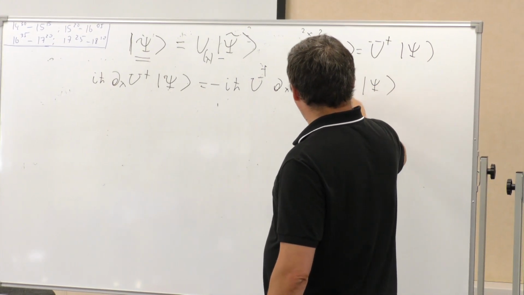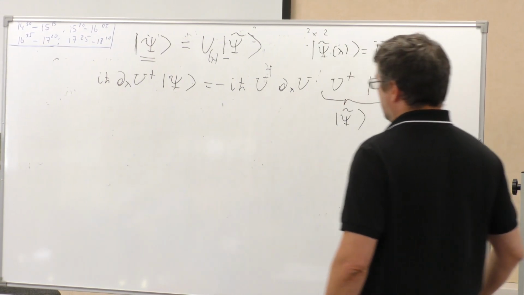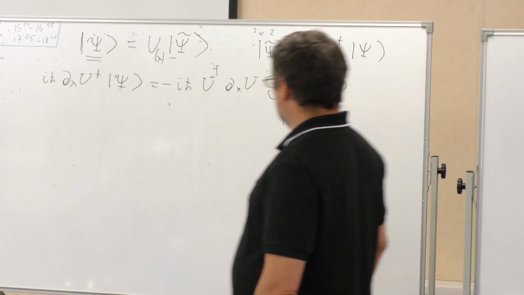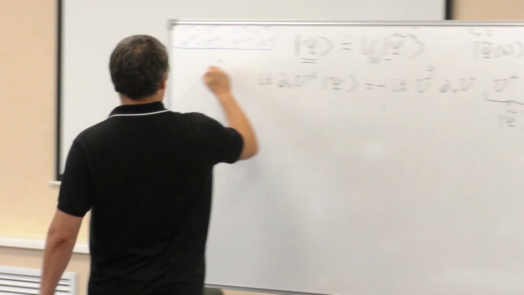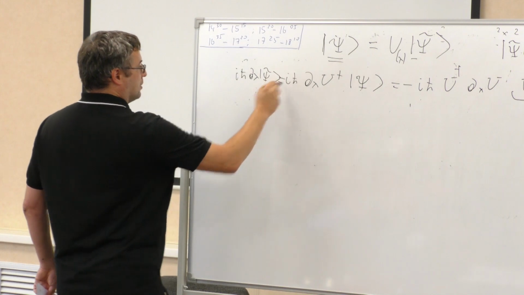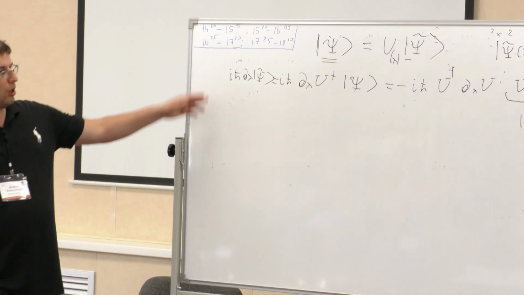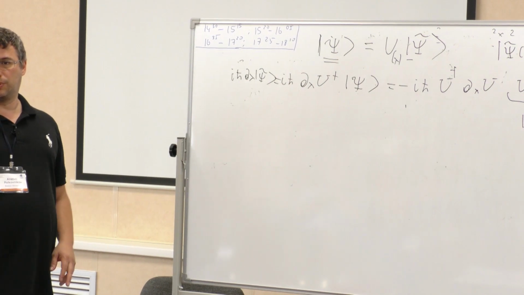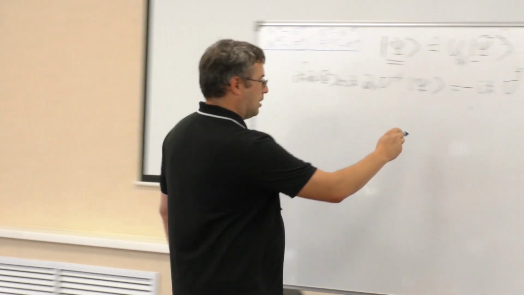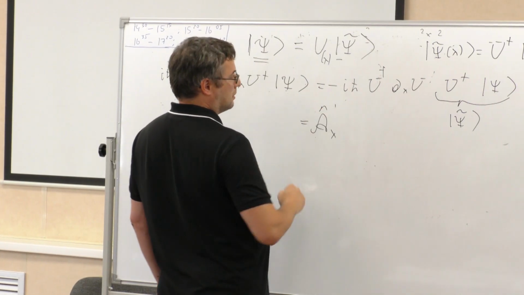But this is nothing but psi tilde by definition. And this is the same as i h bar d lambda psi tilde. So I again got an equation which looks almost like a Hamiltonian equation of motion. So I will call this object A lambda.